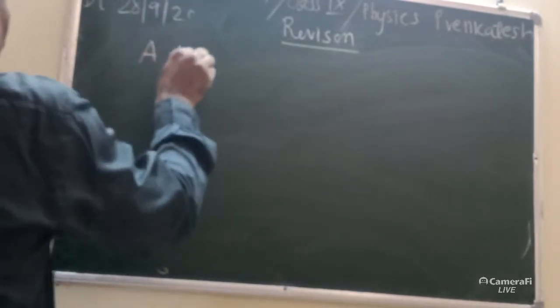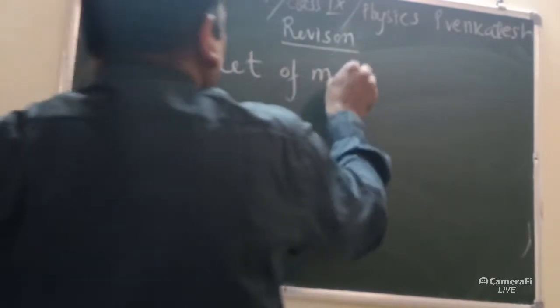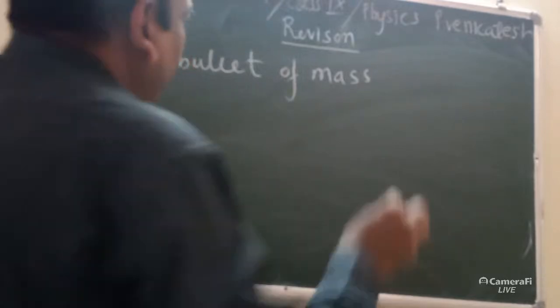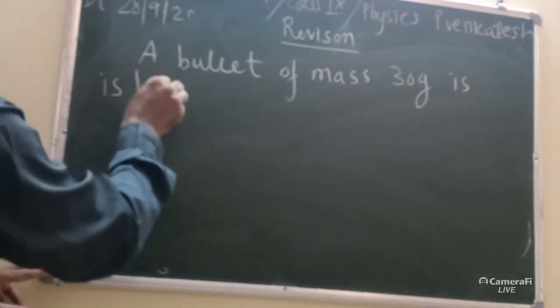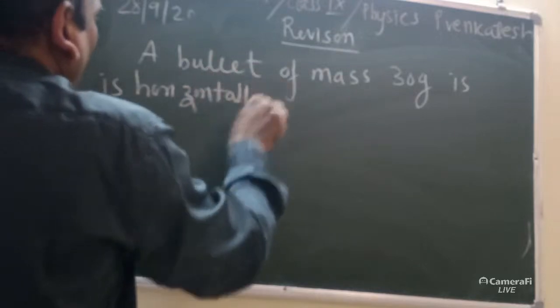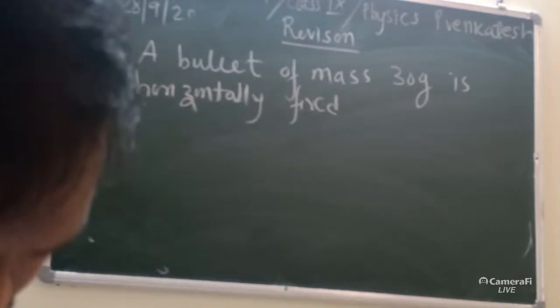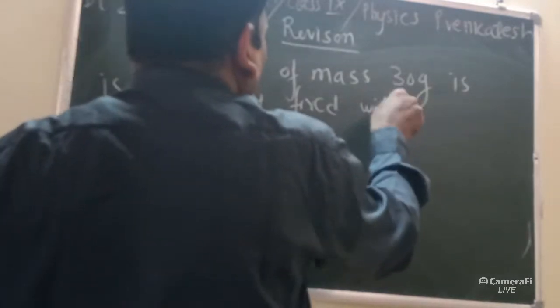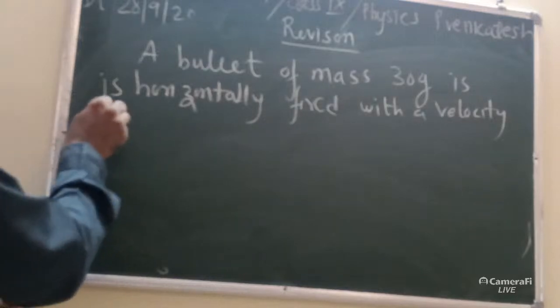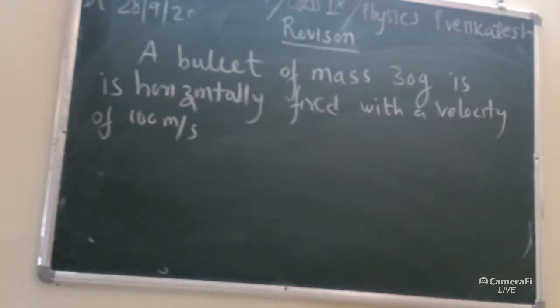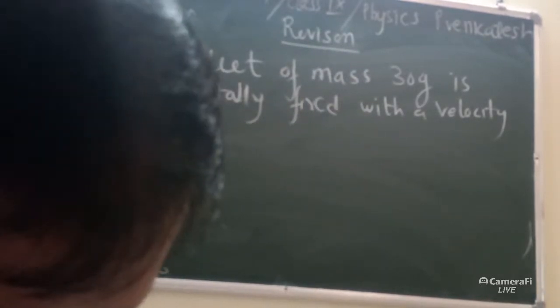A bullet of mass 30 grams is horizontally fired with a velocity of 100 meter per second.